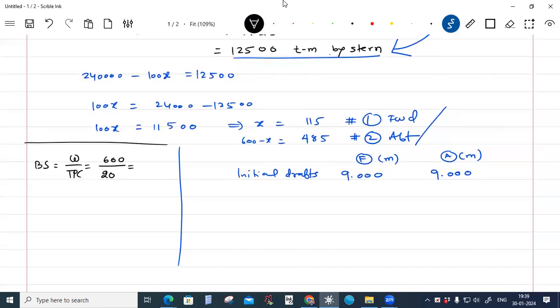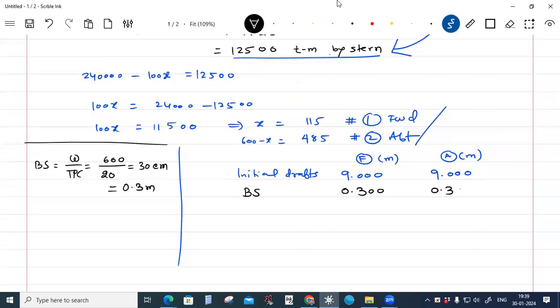How much do you get? Sir, 30. 30 centimeter, always write the unit. Convert in meter: 0.3 meter. So body sinkage forward is 0.3, aft is 0.3.